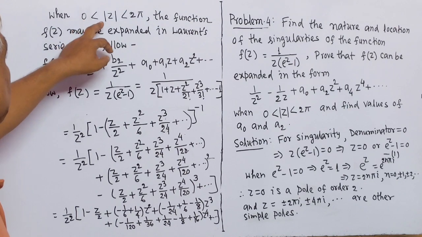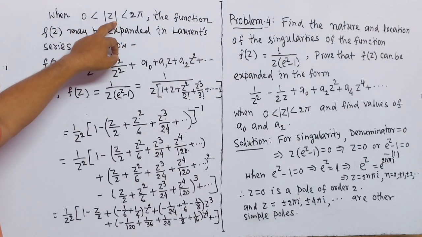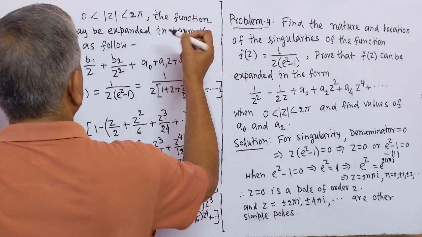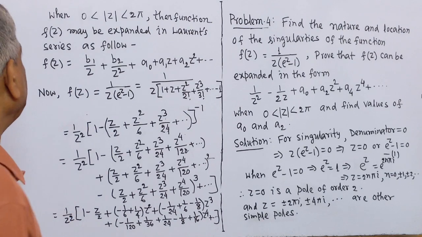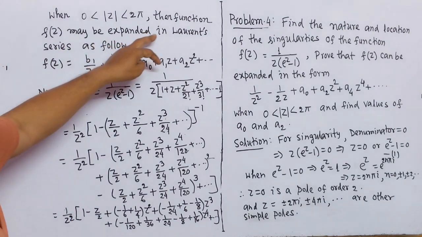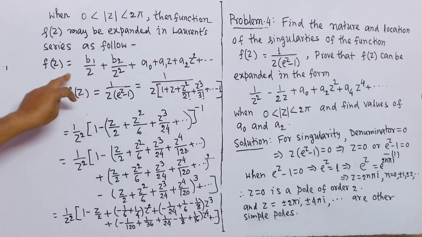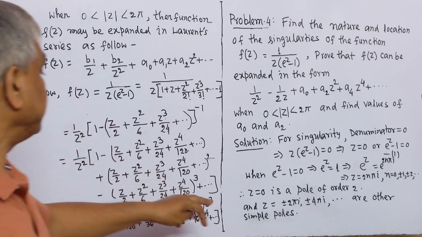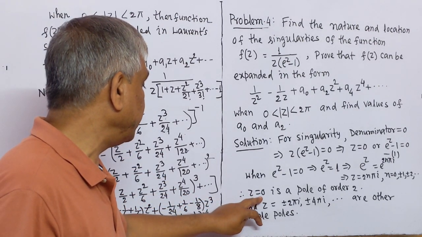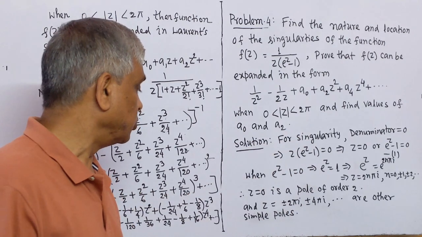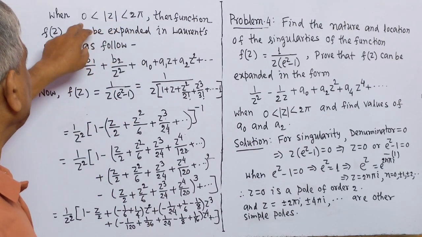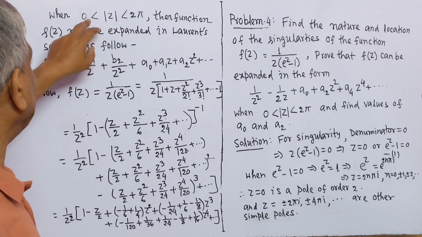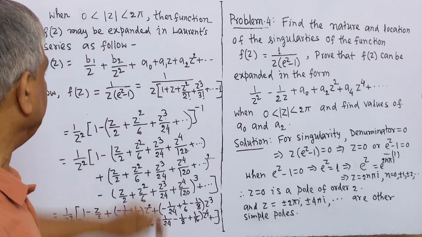When modulus of z is greater than 0 and less than 2 pi, then the function f(z) may be expanded in Laurent series as follows. Here we have seen that z equal to 0 is a pole of order 2, and we have bounded that modulus of z lies between 0 and 2 pi.